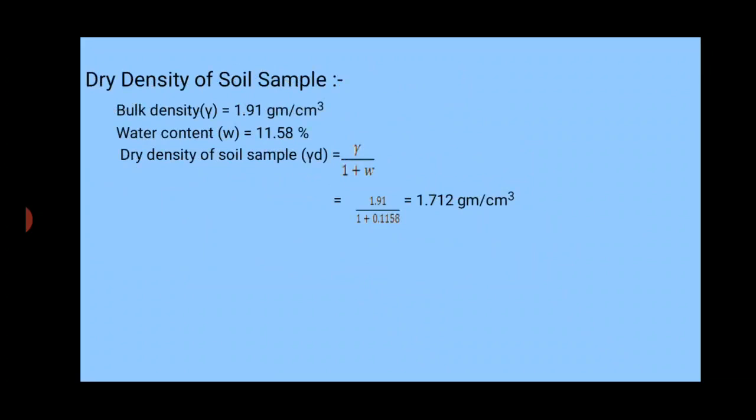Then after calculating the water content, the dry density of the soil sample is calculated. We have the value of bulk density as 1.91 gram per centimeter cube and the water content value as 11.58%. Then the dry density of the soil sample is calculated as bulk density divided by 1 plus water content, that is 1.712 gram per centimeter cube.